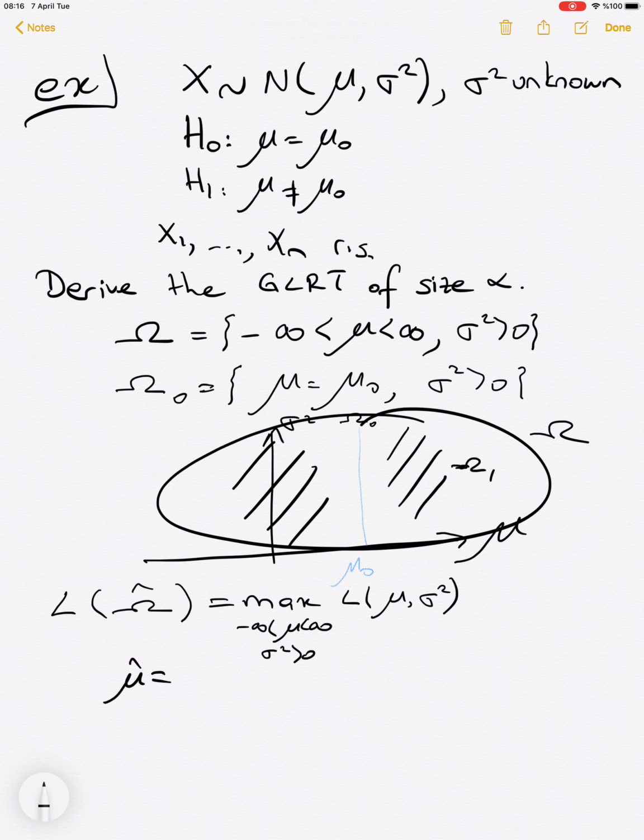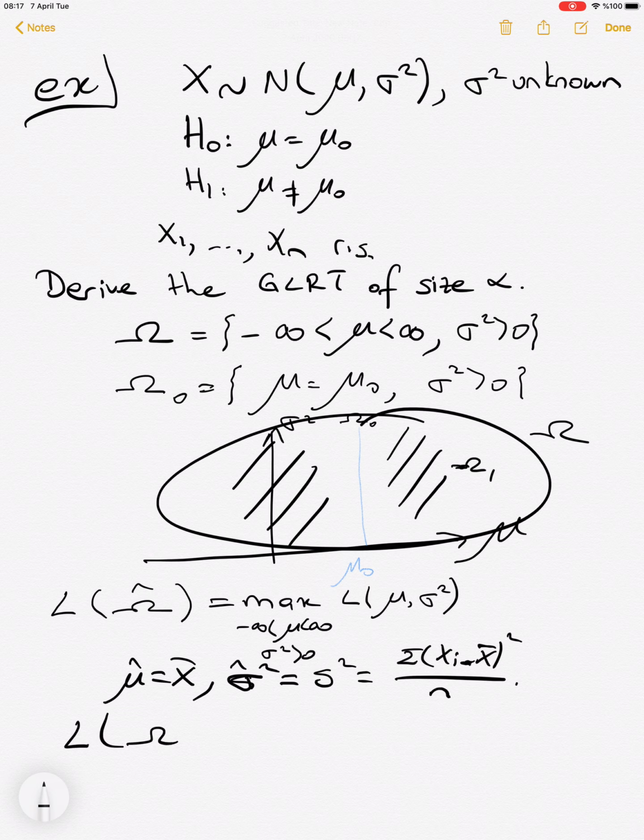So our mu hat is x bar, and our sigma hat square is s square, but s square here is defined not by the unbiased case, but by dividing by n. This is the point that we have. So this means that our maximum likelihood is obtained at x bar and s square.